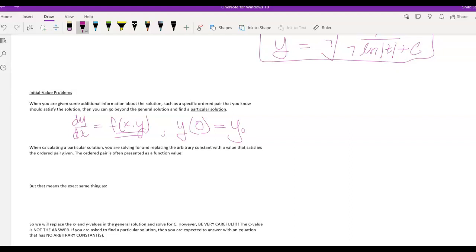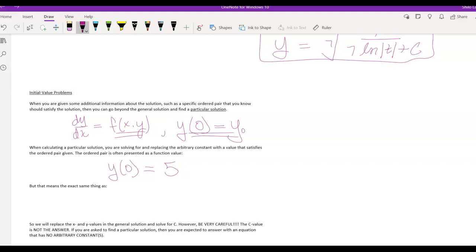So when calculating a particular solution, all we're really doing is taking our general solution and solving for and replacing the arbitrary constant with whatever value we find satisfies this ordered pair that we're given. The ordered pair is often presented to us as a function value, such as y of 0 equals 5.